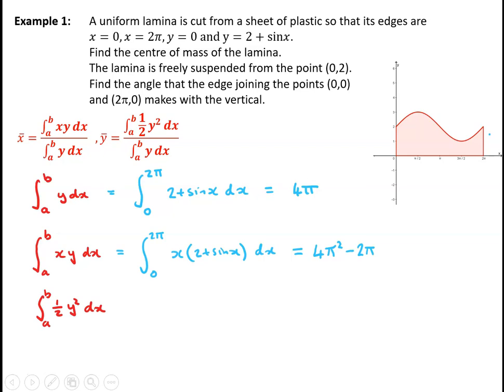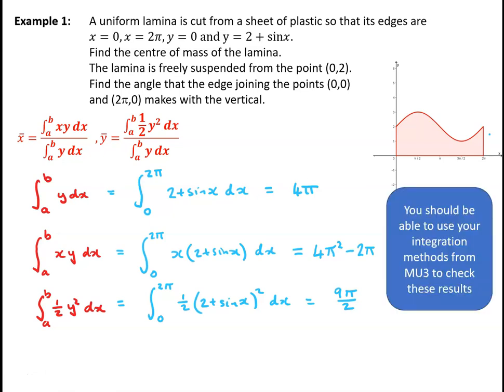And the integral of a half y squared, which is the integral between 0 and 2 pi of a half of 2 plus sine x squared, which gives 9 pi over 2.